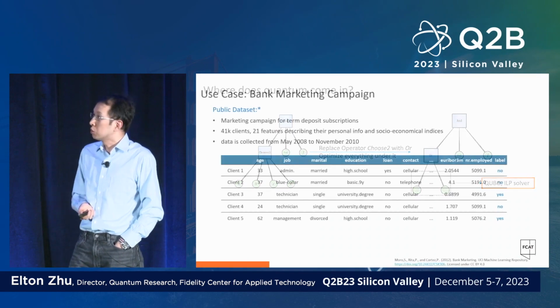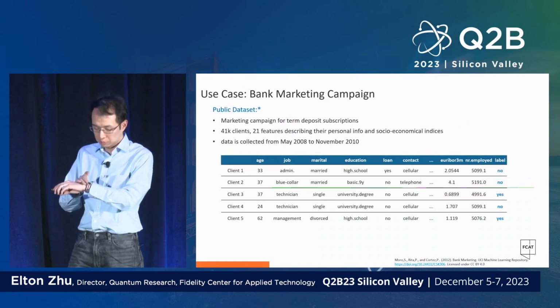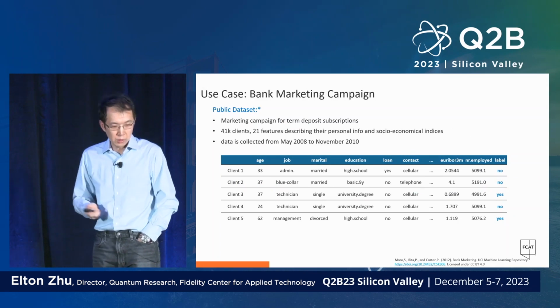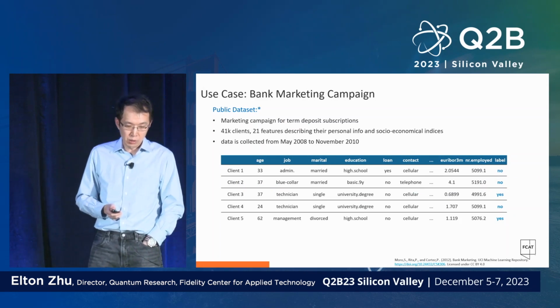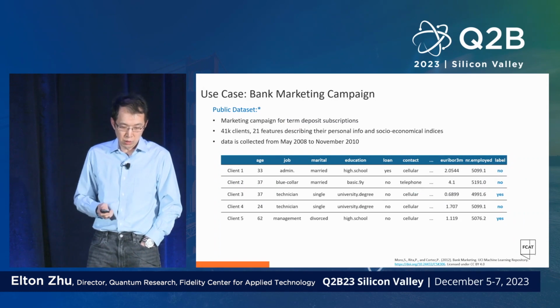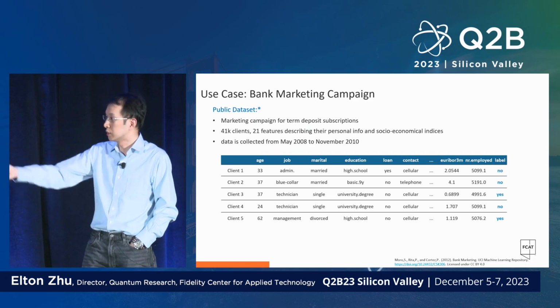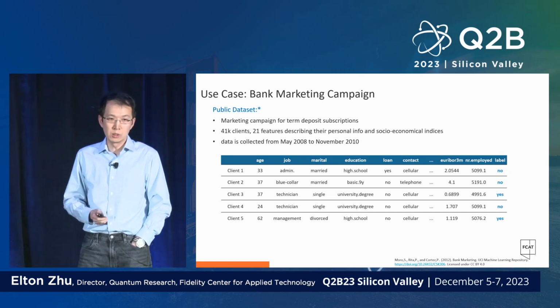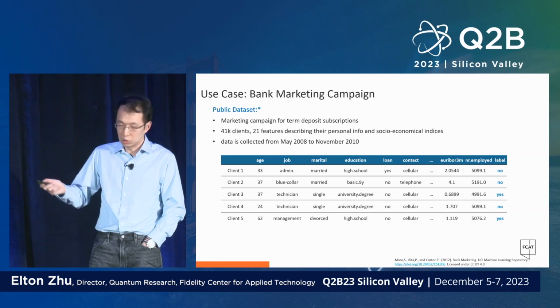Now I'm going to talk about a more realistic use case. This is a public data set that I took from the UCI machine learning repository, and you can see the relevant details and acknowledgement at the corner.